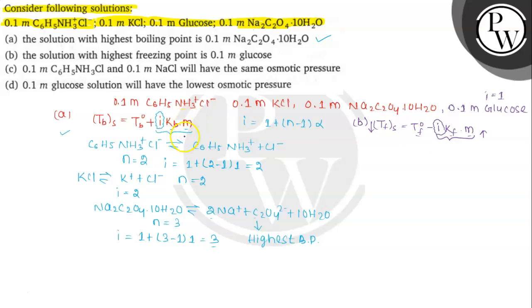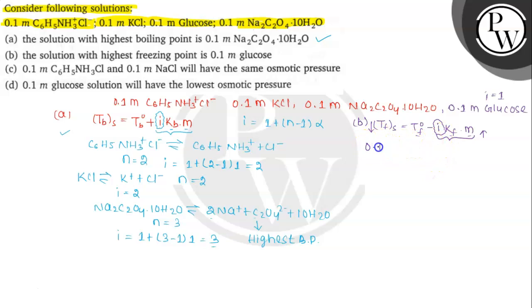That means if we find the highest freezing point solution, it should have the lowest van't Hoff factor. If we see these four solutions, glucose has the lowest van't Hoff factor. That means it has the highest freezing point.